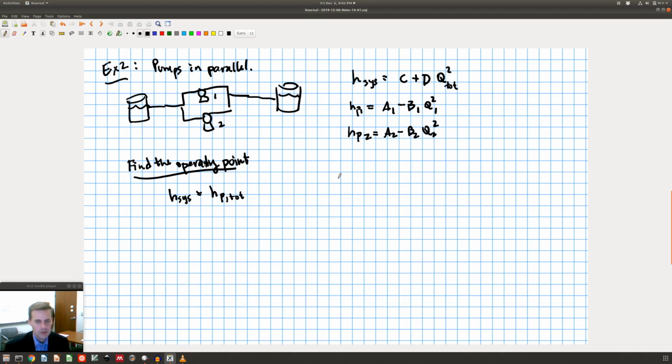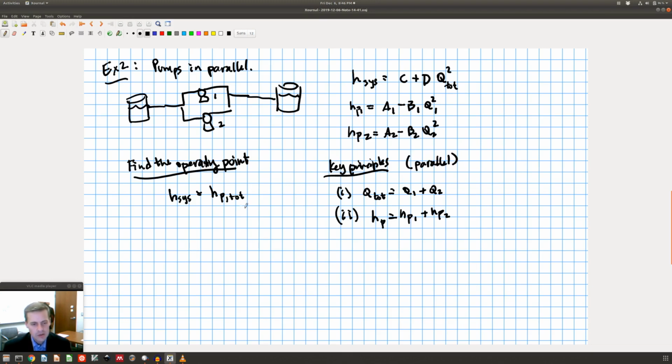Then the key principles: first, the flow rates sum, so Q total equals Q1 plus Q2. And the other key principle is that the head has to be the same. This is for parallel, remember. For serial, they are opposite.